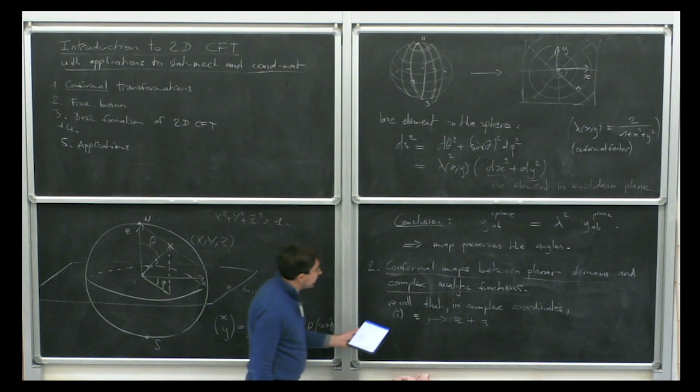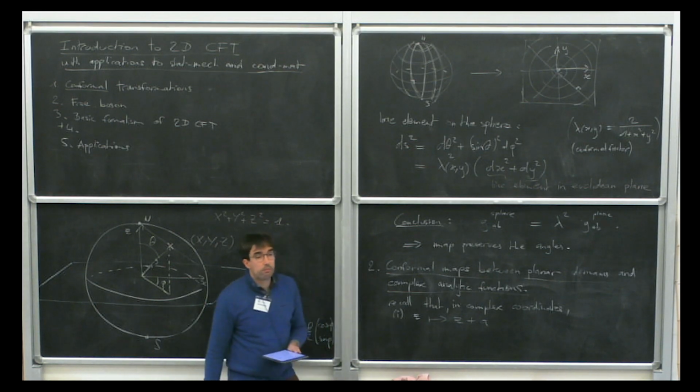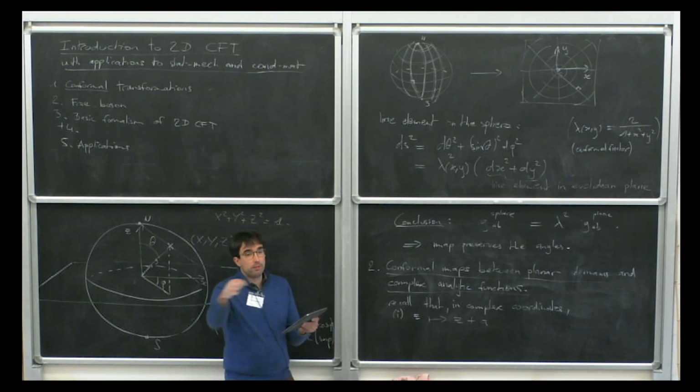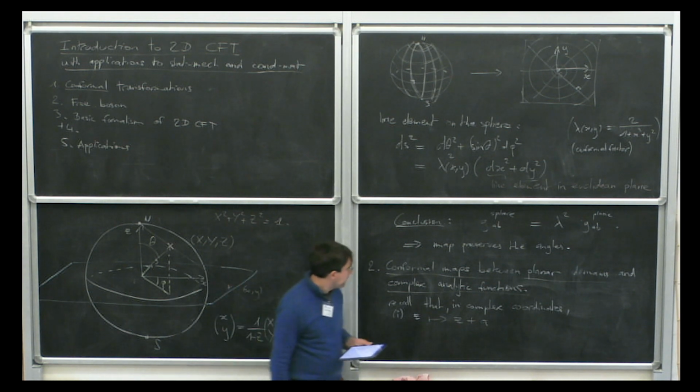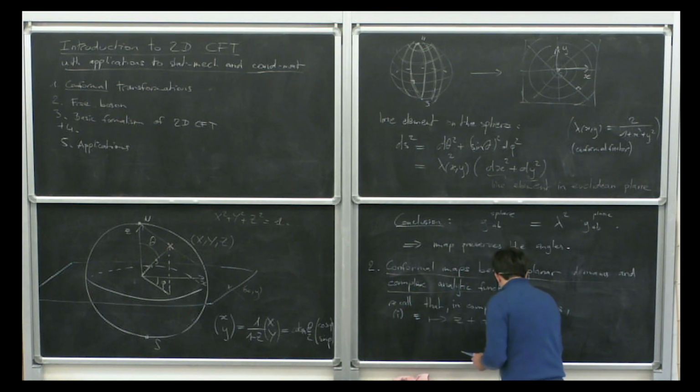What would that represent as a geometric transformation? You just take a point and transform it to the point plus some constant. Yes, so this is a translation.